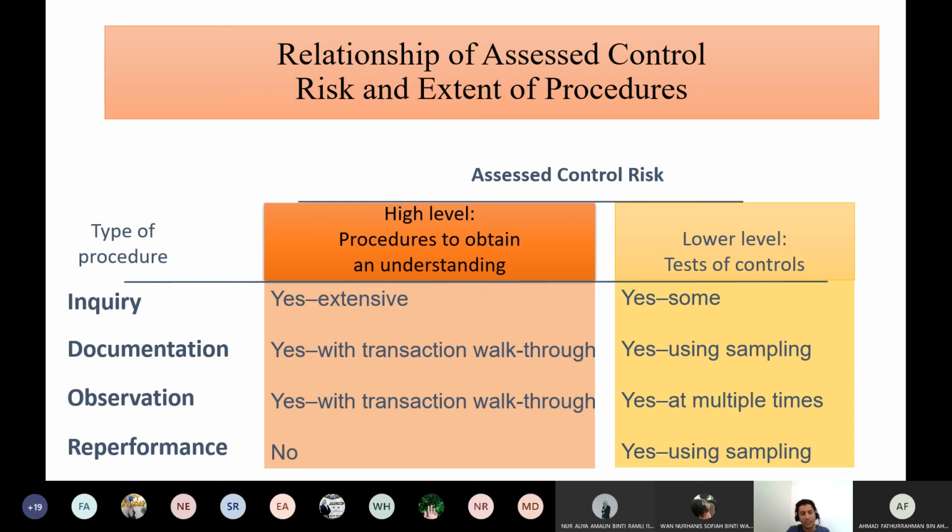We just observe and check the documents in acquiring, and reperformance means we are involving ourselves in the transactions, and it shouldn't be in obtaining and assessing the control risk, but it should be at the level of test of control. Yes, we use it based on sampling.